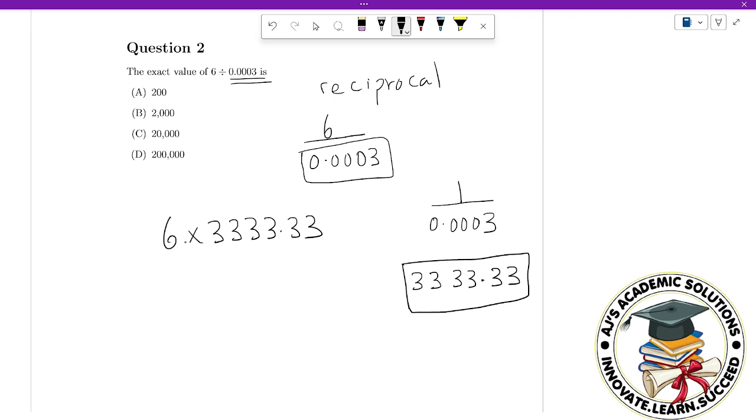And we have here 6, and then this here is in thousands. So the closest thing we can say is 3,000. So 6 times 3,000 is 18,000. And the closest thing we have here to 18,000 is 20,000.